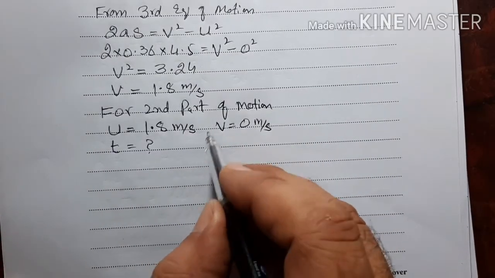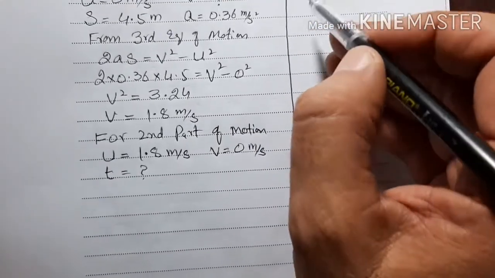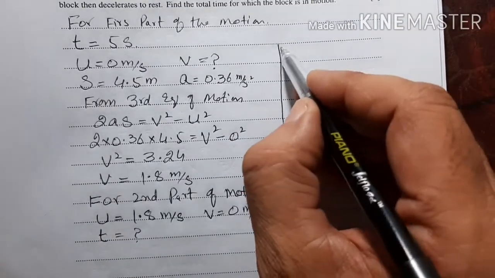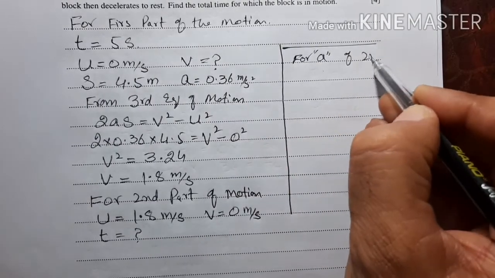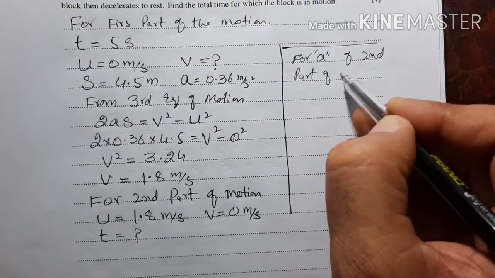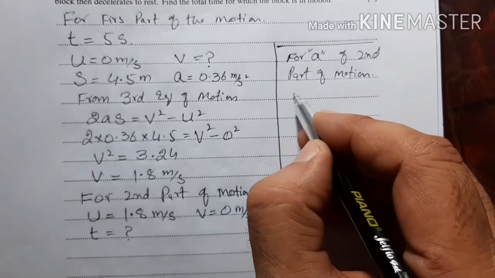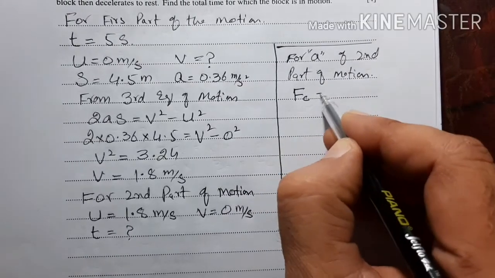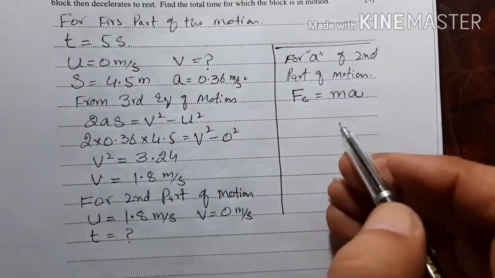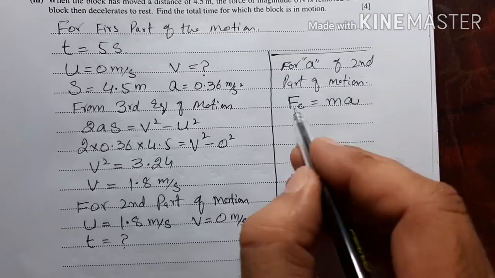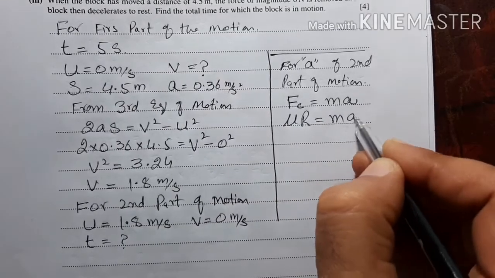So for the acceleration of the second part of motion, because the body was moving freely, frictional force is equal to ma, because there was no other force acting on the body at that time. So this frictional force, which is mu R, is equal to ma.